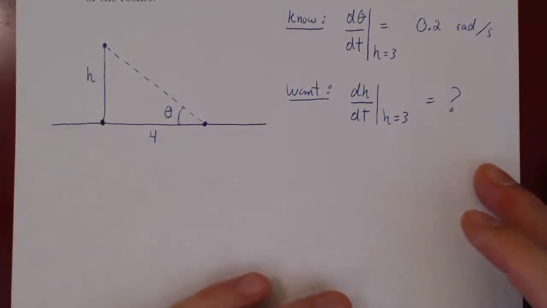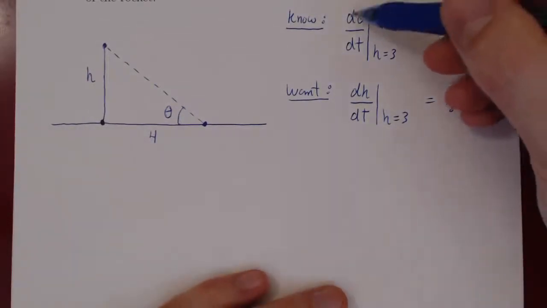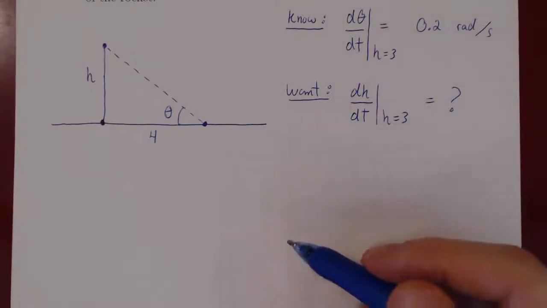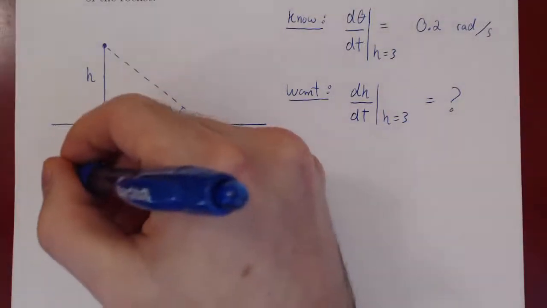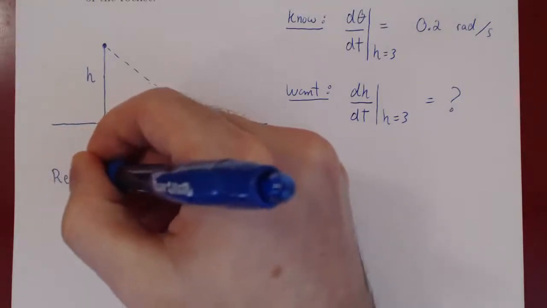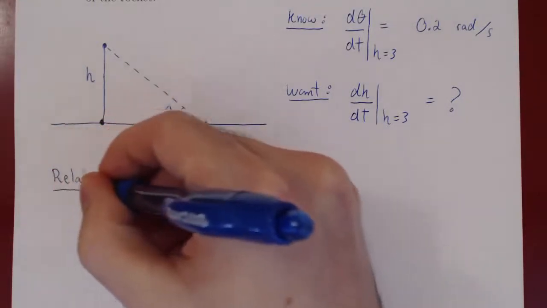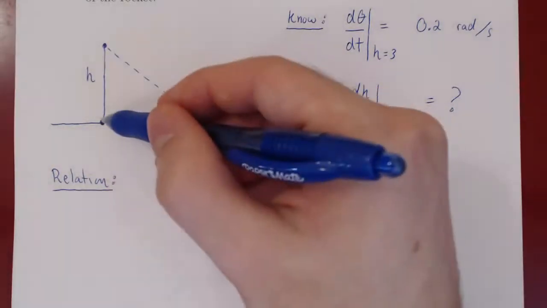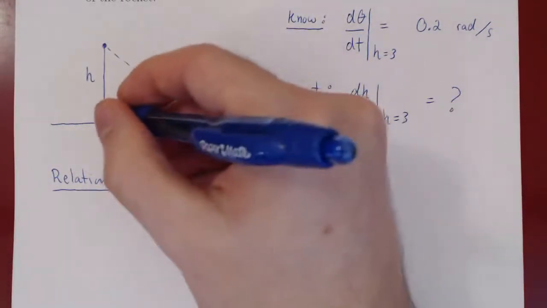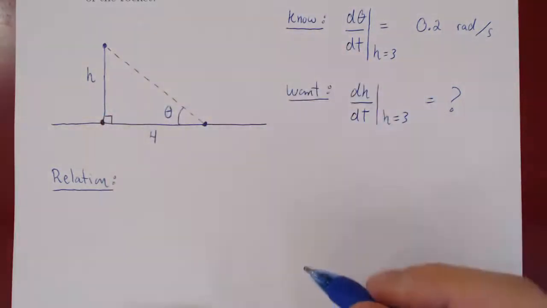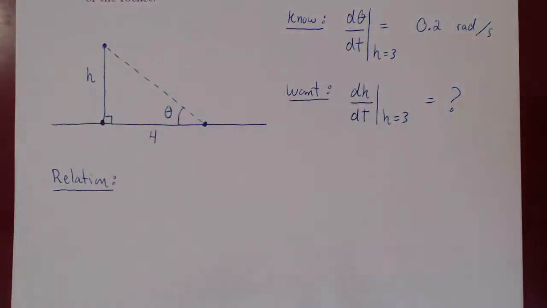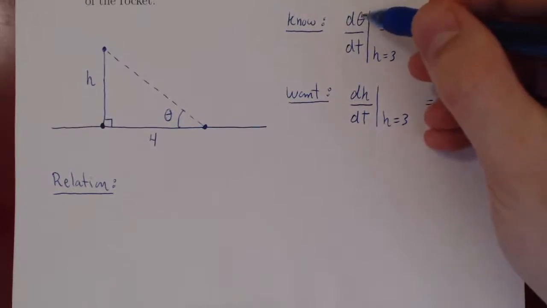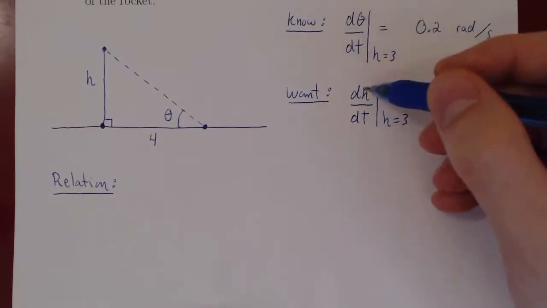We need the relation now. We have to relate the angle with the height of the rocket. And the relation you will always find from the picture. If you look here, because the rocket is being launched vertically, the angle to the ground is 90 degrees, pi over 2. So we have a right triangle. We have to connect the angle theta with the height h.